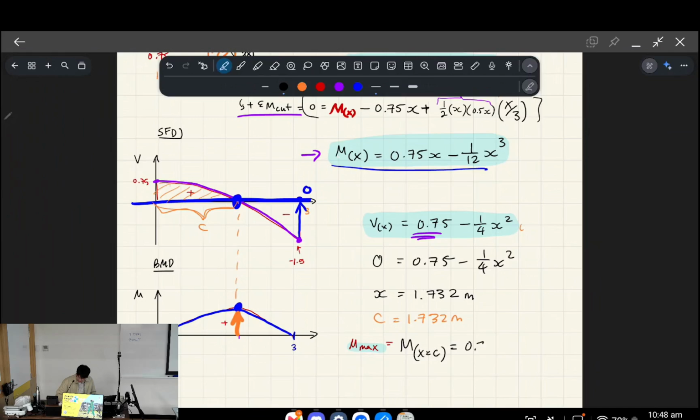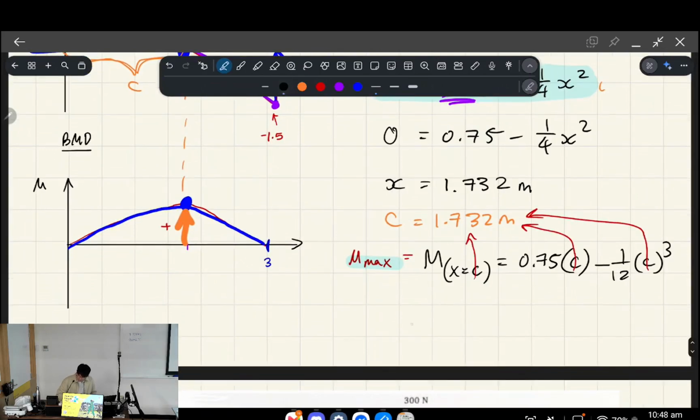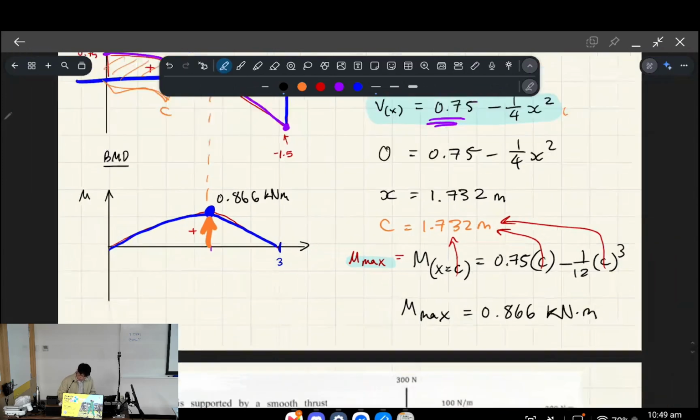So that's 0.75, and instead of x, we plug in c, and 1/12, and instead of x, we plug in c, and cube it. And of course we know c is equal to this thing. So essentially, M max will be 0.866 kilonewton meters. Like so. Any questions?